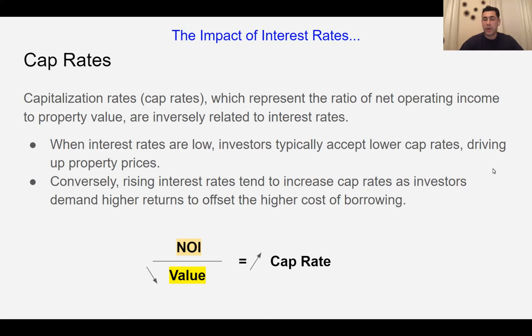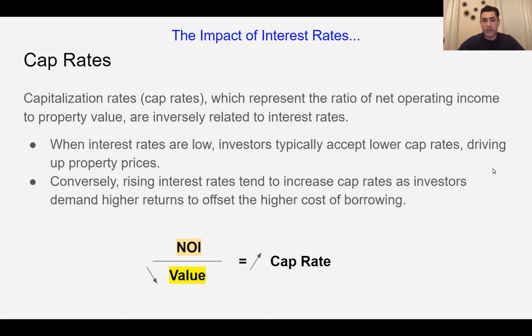And always that cost of borrowing reflects back to the debt service you'll have to pay for those properties. So therefore, it affects the cap rate. As an example, the calculation, the net operating income divided by the value, has that direct effect on the cap rate.